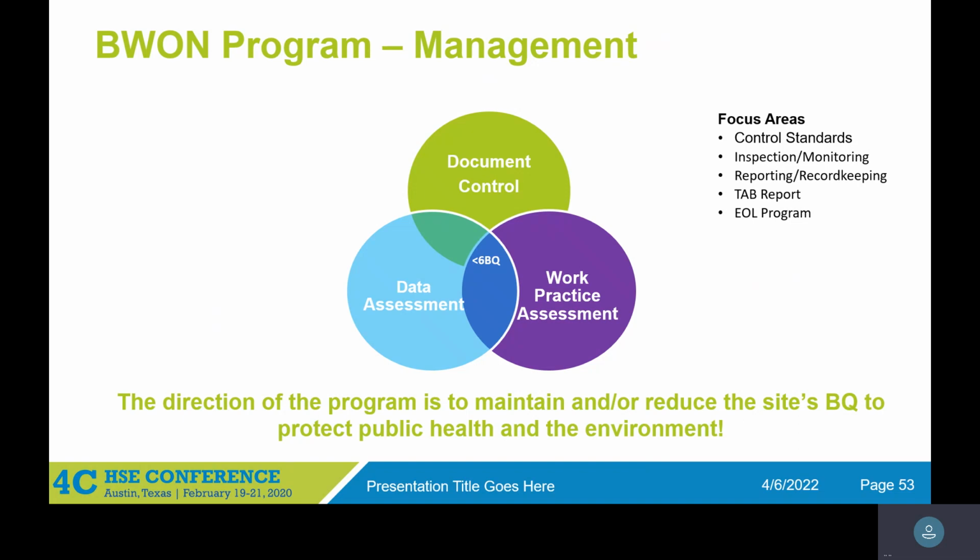The big focus areas that we go on are control standards, making sure that you have a waste management unit list, that you know what type of waste management unit that is, that you know what type of control you're going to do for that one, what inspections you have to do, what you have to monitor, and then what you have to report. Those are really the focus areas.